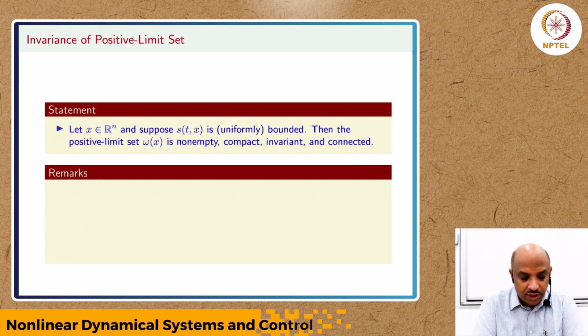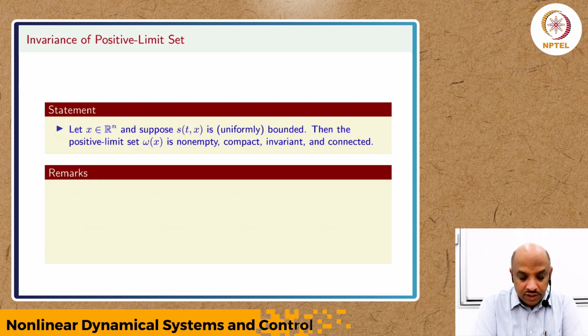When we say something is bounded, it's possible that for different x we will have a different bound. That's not the case. For any point on this orbit, the bound is not dependent on the specific point, right?